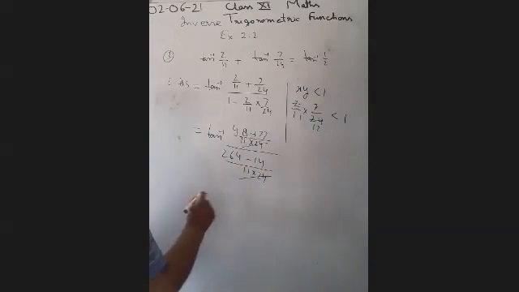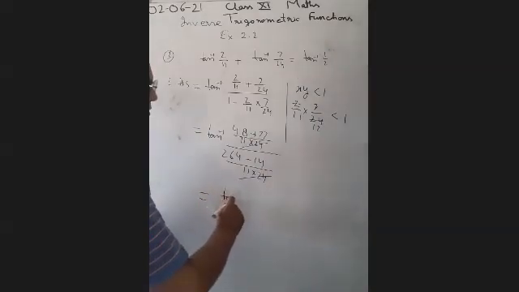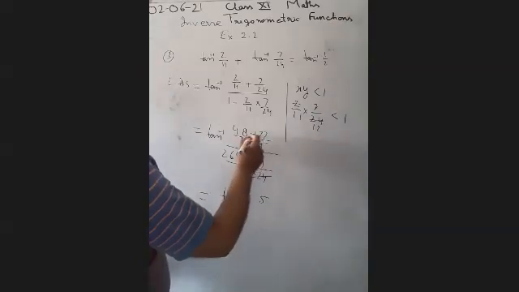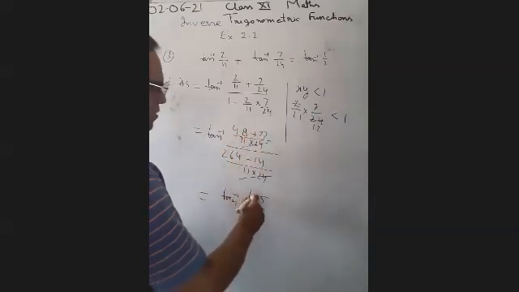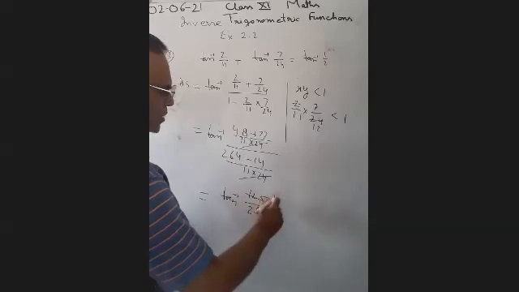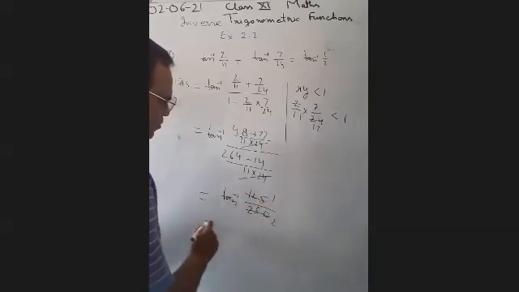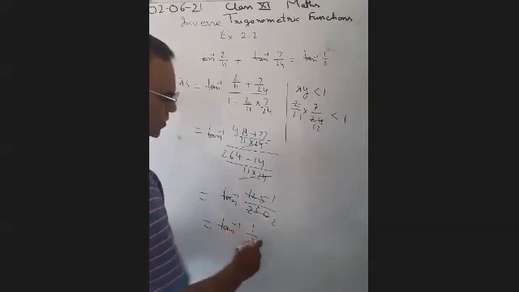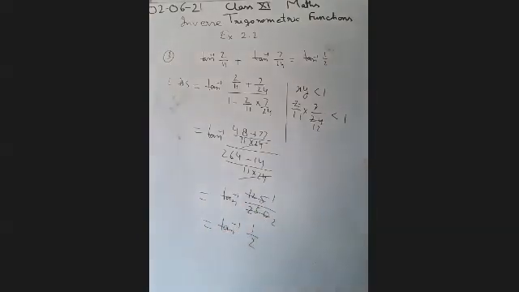Now you can add: tan inverse of 7 or 8, 15, or 5, 7, 12. 4 minus 4 is 0, 6 minus 1 is 5, 250. You can cancel this, which is equal to tan inverse 1 upon 2. So we have proved this one.